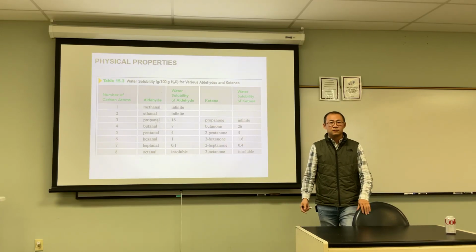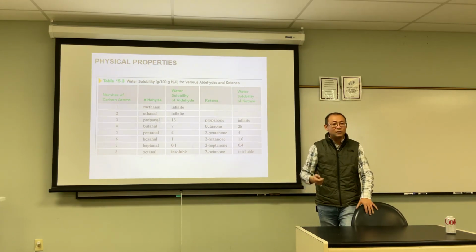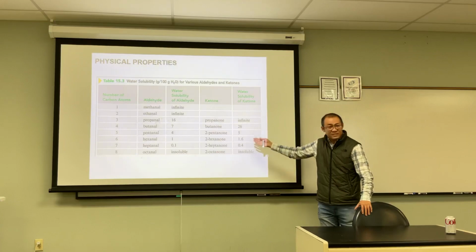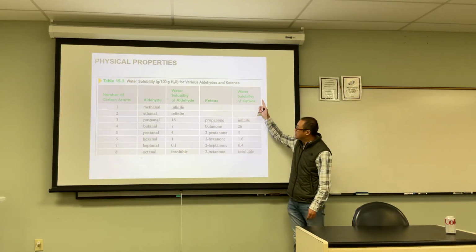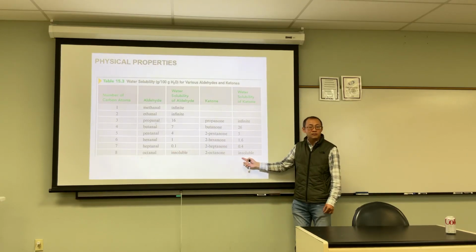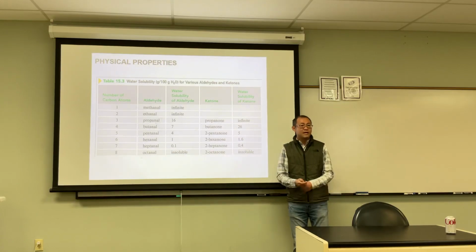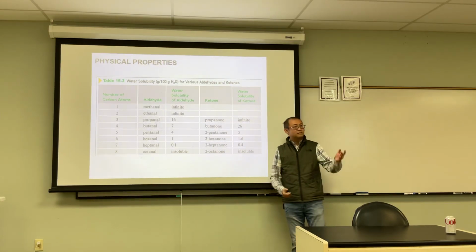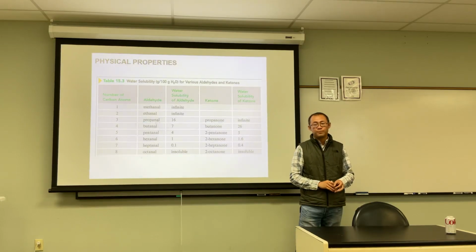And solubility is also between hydrocarbons and alcohols. And we do have the same trend as we studied in chapter 3: the solubility will decrease as the chain length or the size of the molecule increases. See, if you make that summary, you will answer lots of questions.